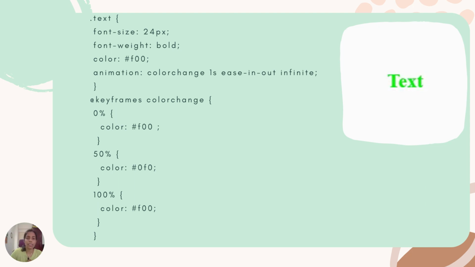So it will ease in out every 1 second. At the starting, it is 0. At half a second, the color changes to red. Then again, at 100%, the color changes to green again. So that is how this animation works.